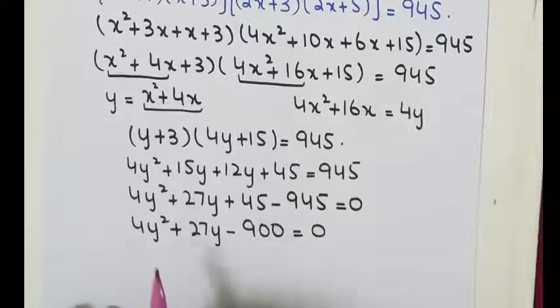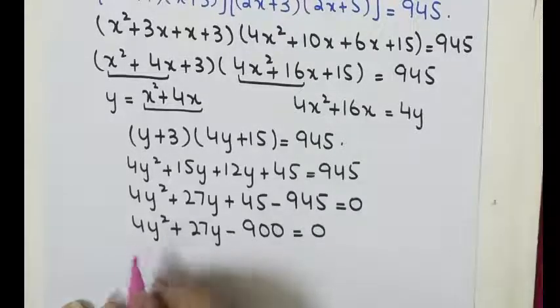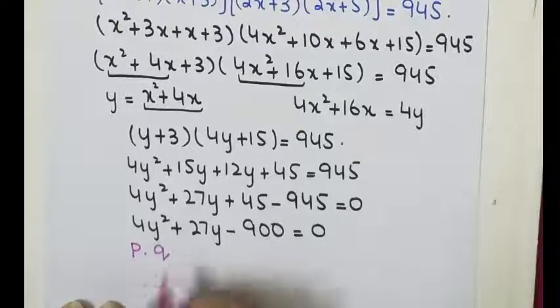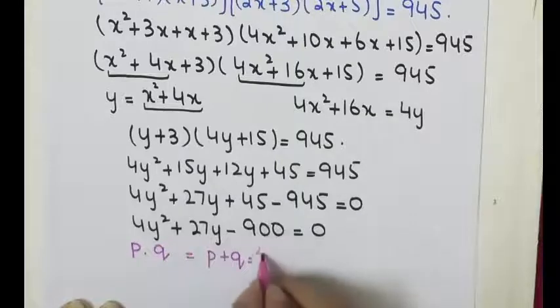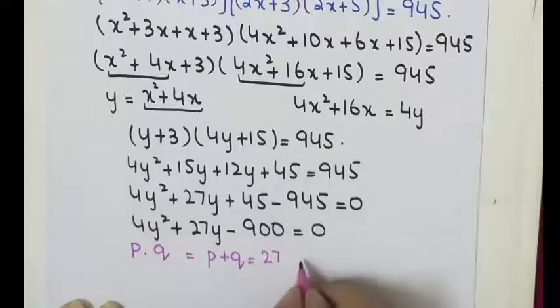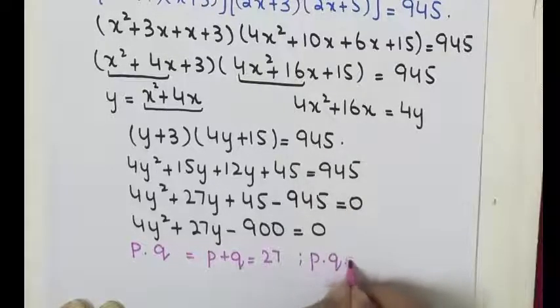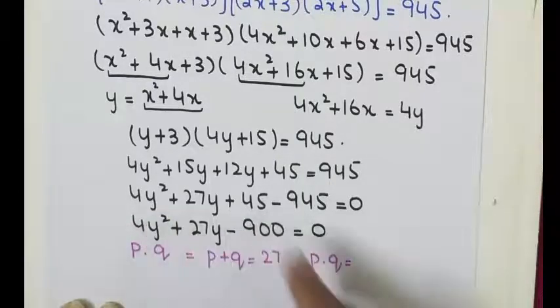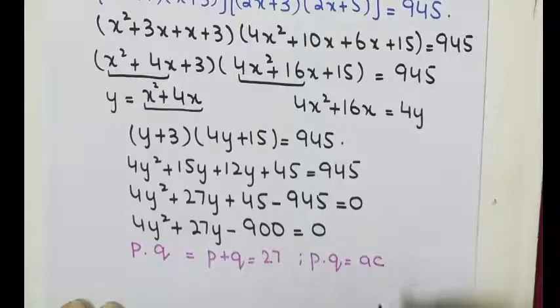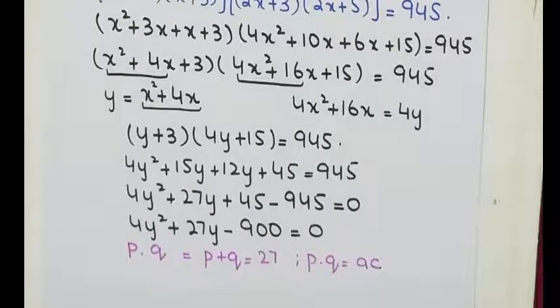So we want two terms p and q, we suppose, whose addition should give us 27 and whose multiplication should give us the multiplication of 4 and 900, which is the position of AC when we compare this term with the standard form of the quadratic equation, right?